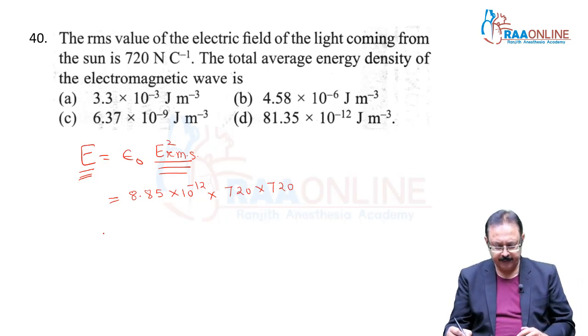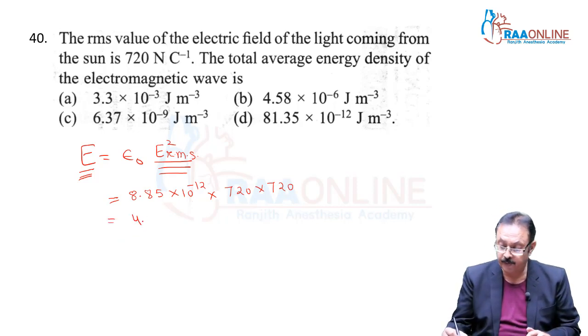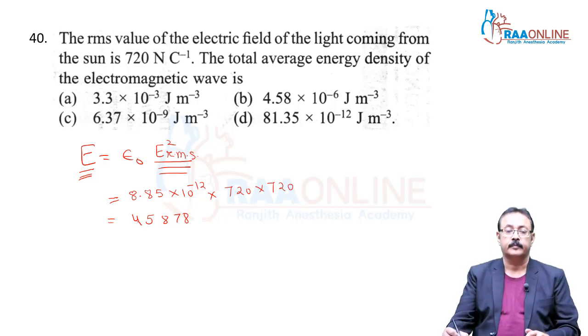We will multiply first the given numbers: 8.85 into 72 into 72. So we are getting by these numbers 45878. We multiplied this and this. Remaining is 10 to the power 12.